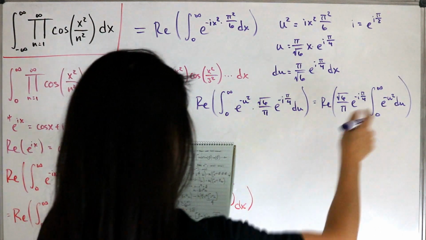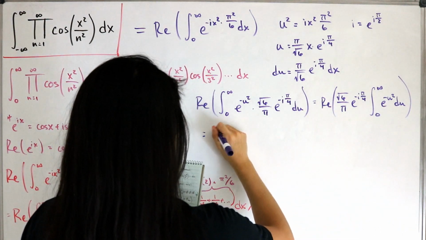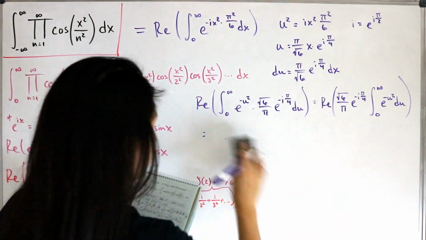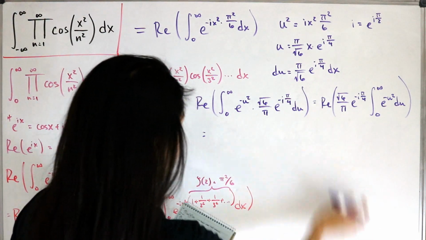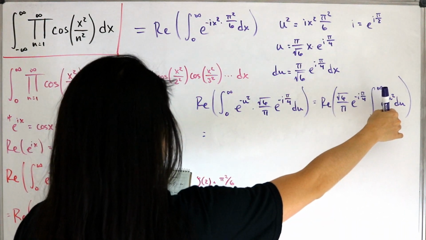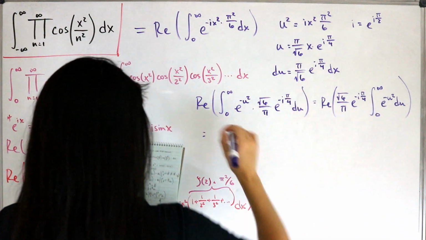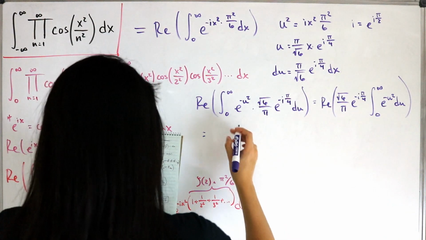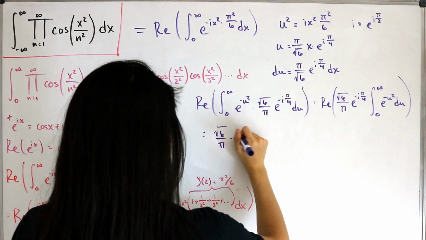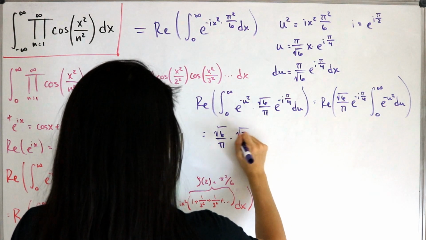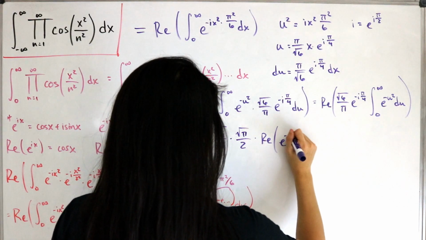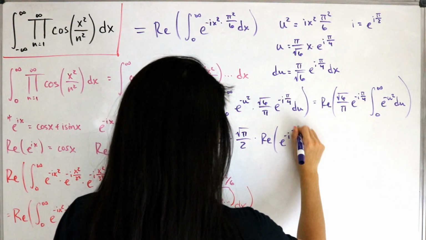So we can simplify this down. So now we have the real part, and don't forget that the square root of 6 divided by pi, even if you take the real part, is still going to be that same value. Same thing over here, as we mentioned, that's the square root of pi divided by 2. So I can factor out that side of the multiplication, which yields so far the square root of 6 divided by pi, times the square root of pi divided by 2, which leaves us with the real part of e to the negative i times pi divided by 4.